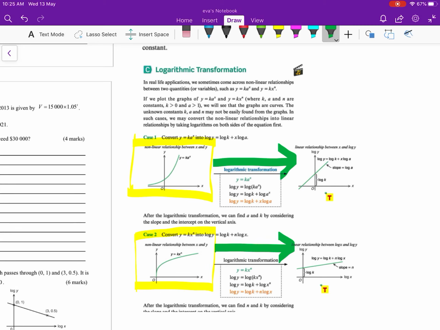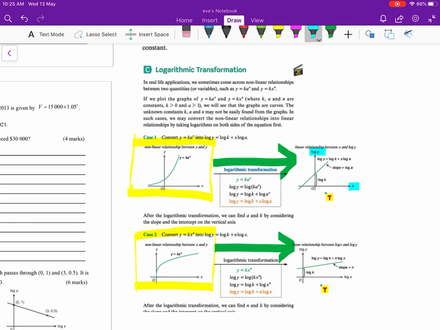So you can see for the first case, y equals k a to the power of x. The x is the power, so we can take log on both sides and then use the law of addition to separate them. And you can see at the end, this is a log y to x equation, which is a linear equation.